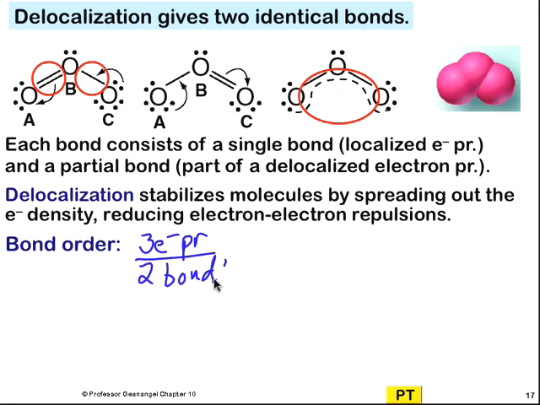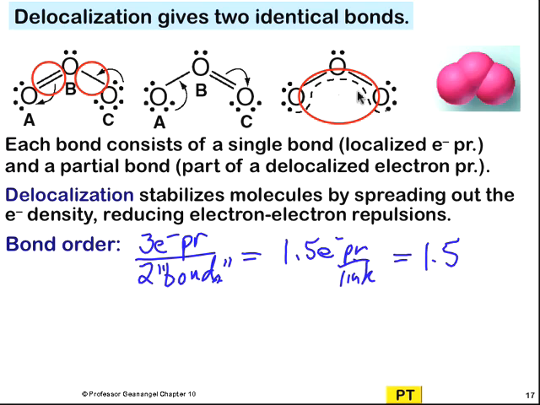I'm putting bonds in quotes because I really mean oxygen-oxygen linkages. That gives us 1.5 electron pairs for each link, or each bond, so the bond order is 1.5, something between a single bond and a double bond. And since these two are the same, it makes sense that they each contribute equally to the resonance hybrid.